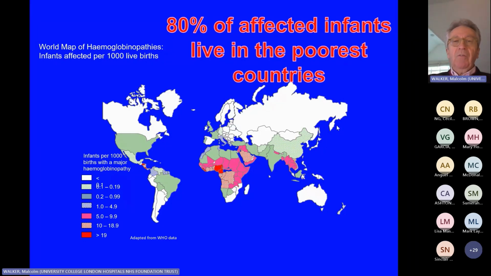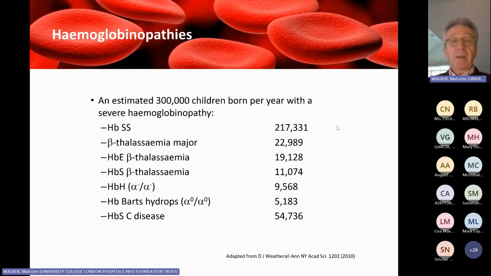However, I think this is still true, and this is really a big motivating factor in a lot of the work that we've done: 80% of affected infants live in the poorest parts of the world. These are old estimates, forgive me for that, I haven't updated this data in a while. 300,000 children are born per annum with a severe hemoglobinopathy, with homozygous sickles being the largest single group.